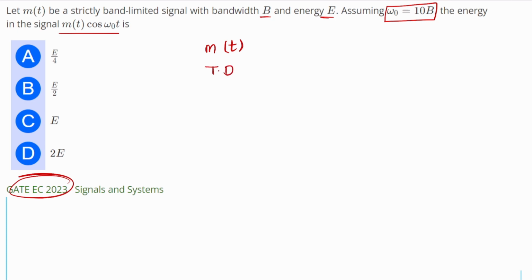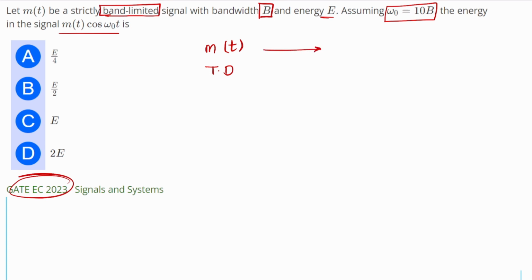Now, if we see this term band limited, what does that mean? Band limited is a term used when we are talking in the frequency domain. That means we have to convert this signal into the frequency domain and having bandwidth. So only frequency signals have some bandwidth.